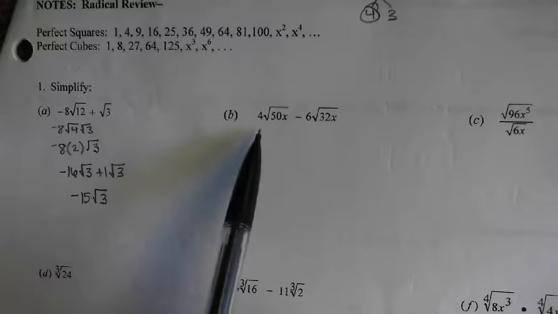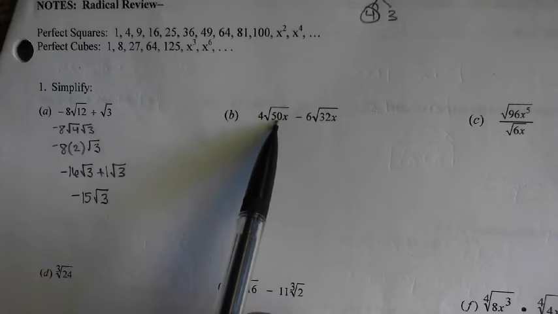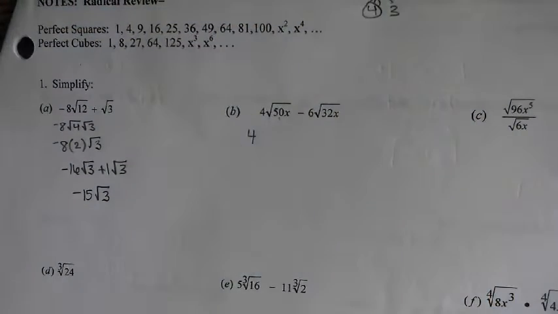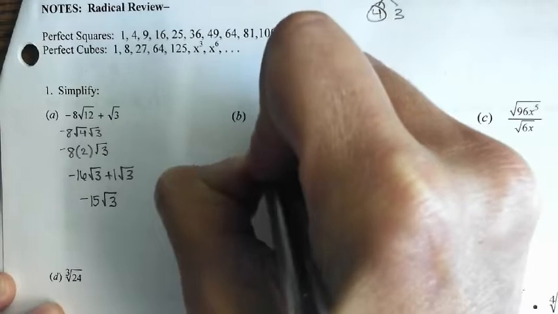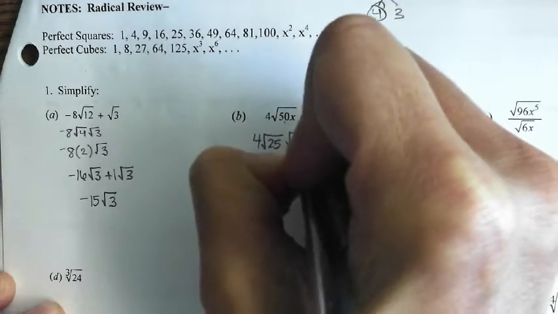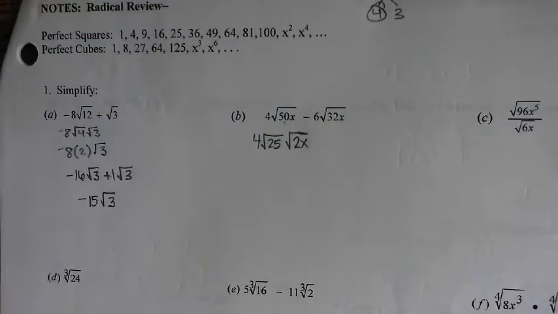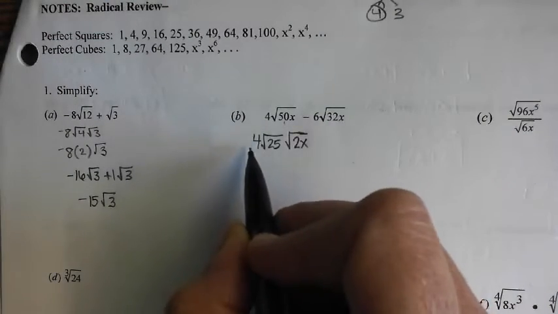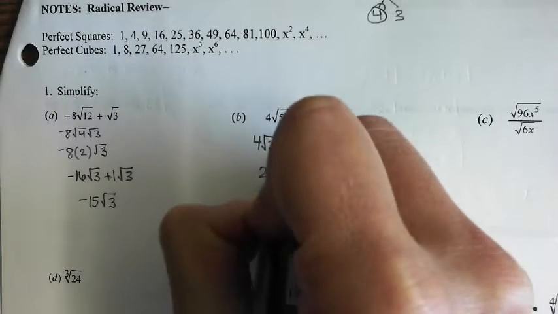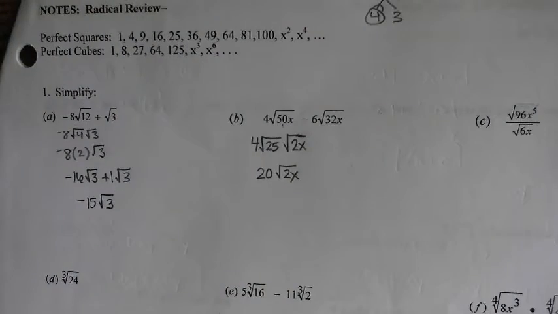Now, in the next one, 50. What's the biggest perfect square that goes into 50? 25. And 25 times what would replace 50? Right, so I do root 25 and then root 2x. I'll probably leave that x there. So that becomes, and I'll write one less step here, 4 times 5 is just 20 root 2x.